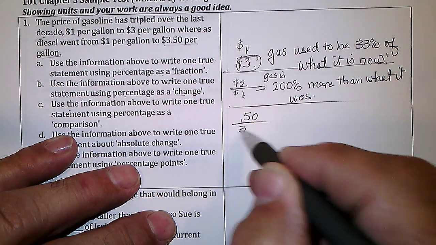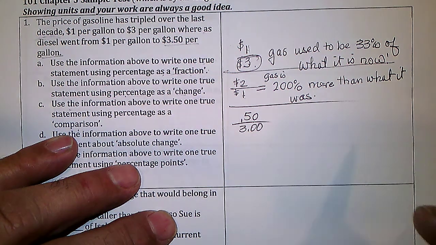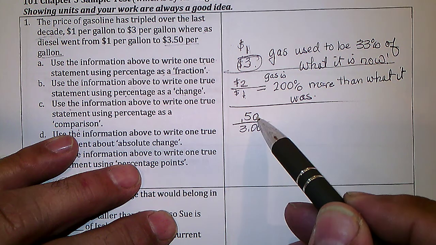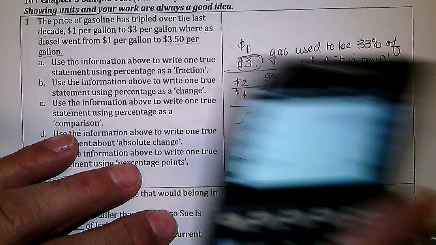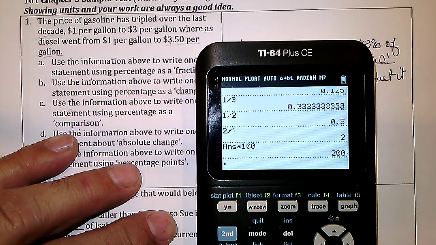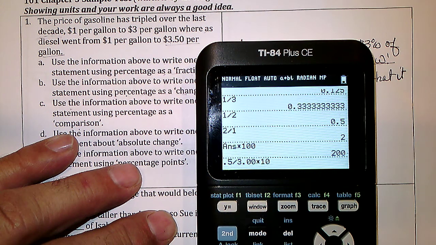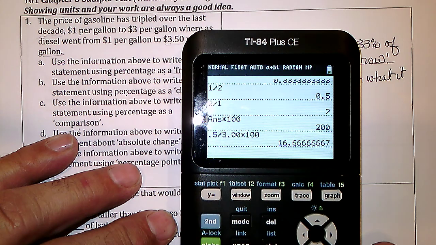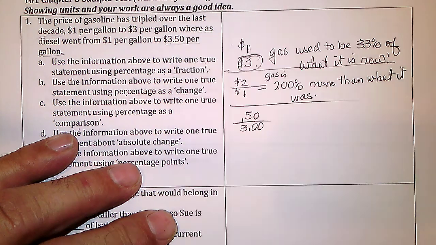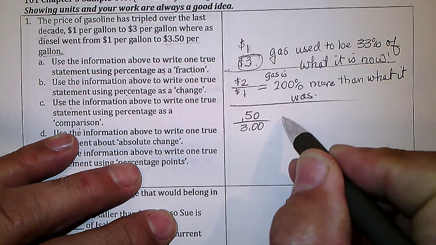So we put the $3 under it so that we can say this is how much more diesel is than the gas. So change that to percent, 0.5 divided by 3.00 times 100, and 16.67, 16 and 2/3, 16.7.